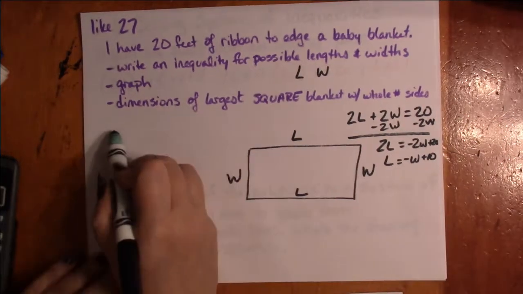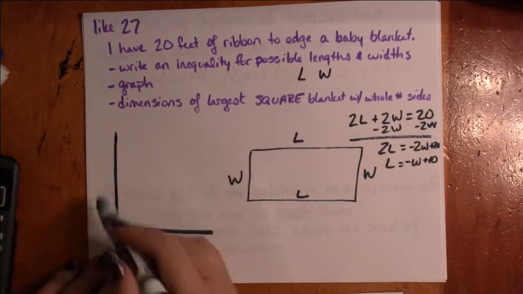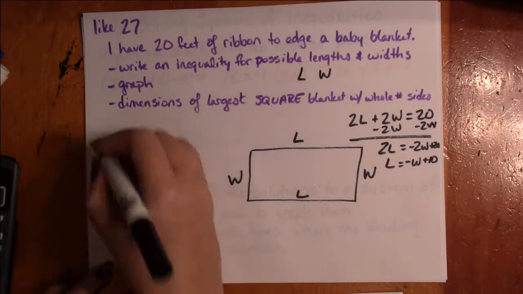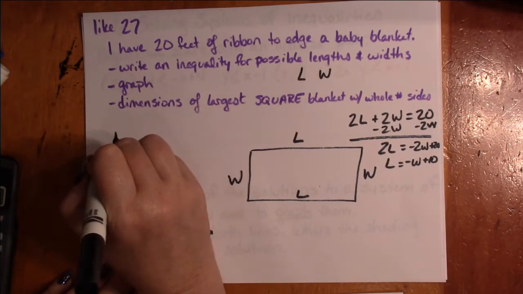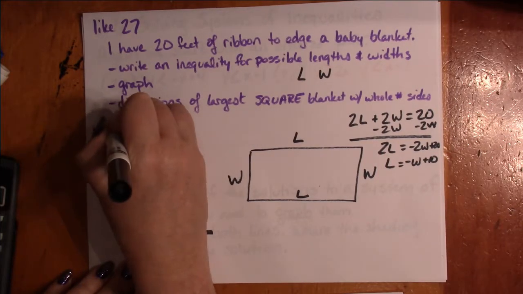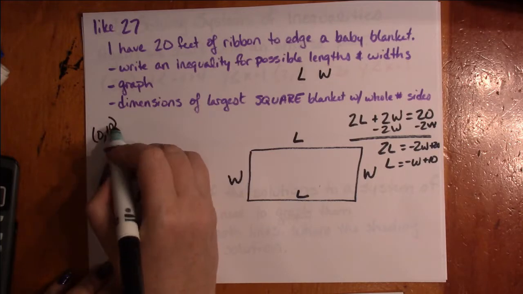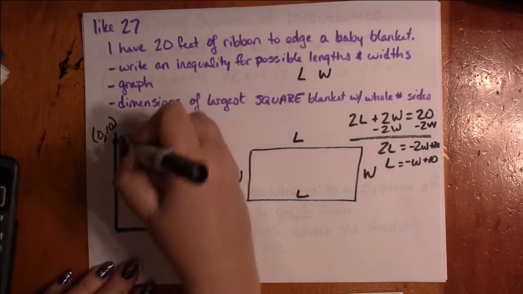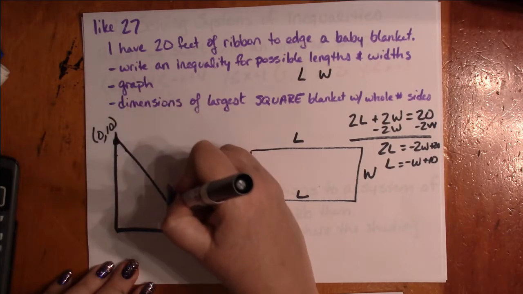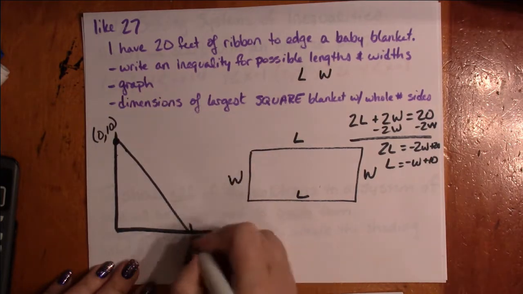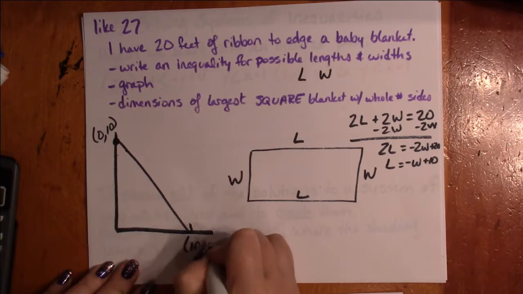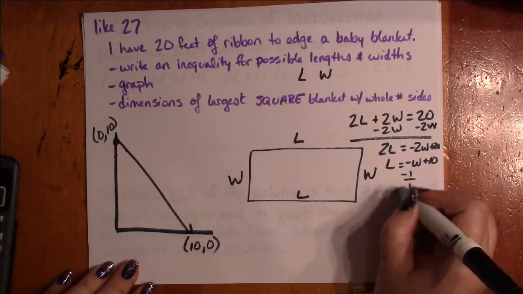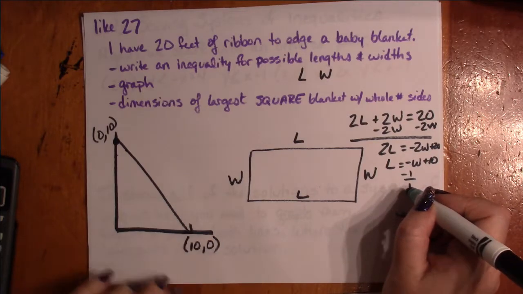So in our graph, and again, you can't have negatives, we're going to start at 0, 10, and we're going to go down 1 over 1, down 1 over 1, so it's going to be a diagonal, and it's going to take us down to 10, 0, because of our negative 1 over 1 slope here.